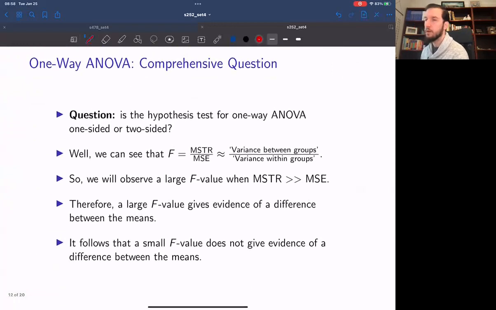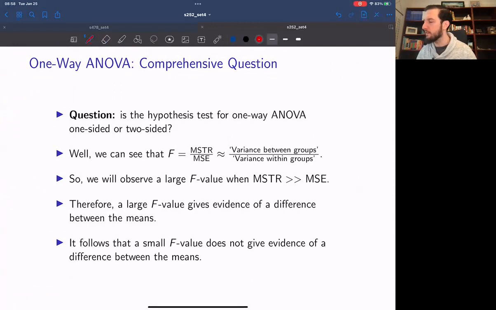We kind of already know the answer to this question, but is the hypothesis test for the one-way ANOVA one-sided or two-sided? We know from the structure of the F distribution that it's one-sided because we're always going to test in the upper tail. But we can also show that by considering the structure of the test statistic.